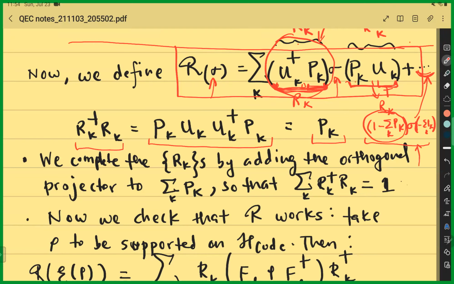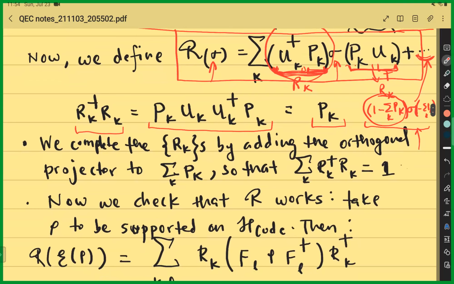Another thing is that the recovery should be kind of an inverse process to the error, in the sense that you are trying to undo the error. Yes, exactly.